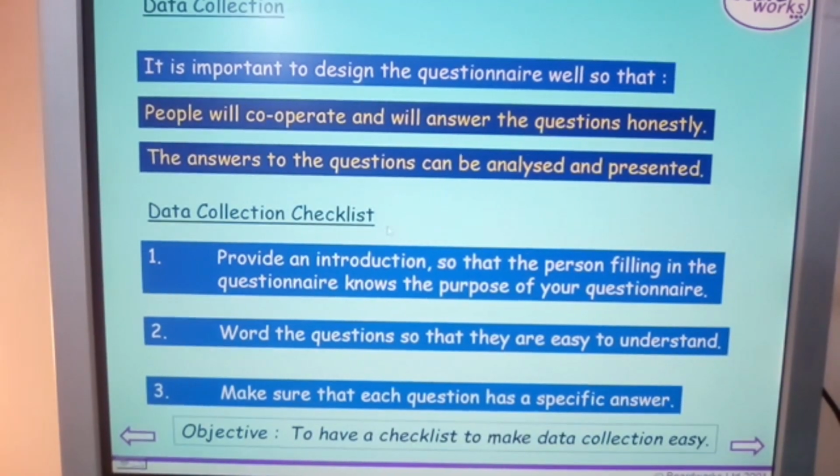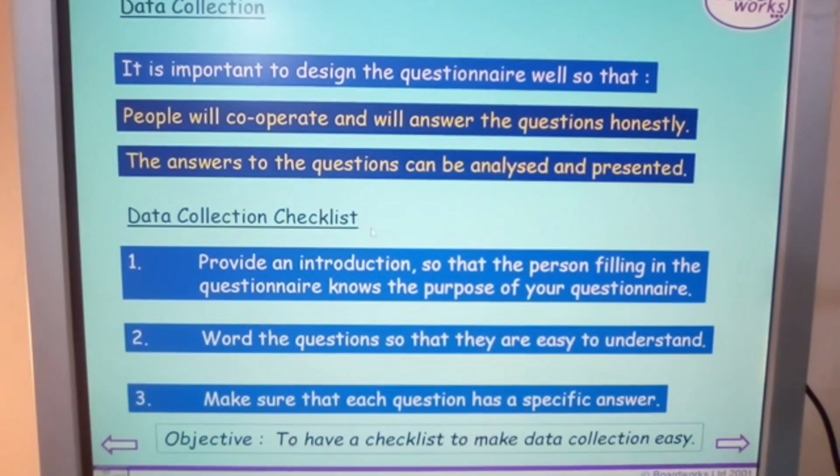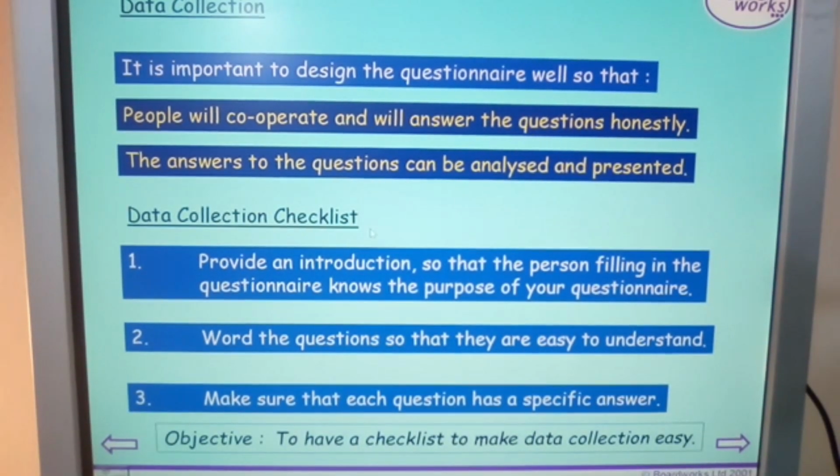Provide an introduction so that the person filling in the questionnaire knows the purpose of your questionnaire. 2. Word the questions so that they are easy to understand. 3. Make sure that each question has a specific answer. Objective: to have a checklist to make data collection easy.